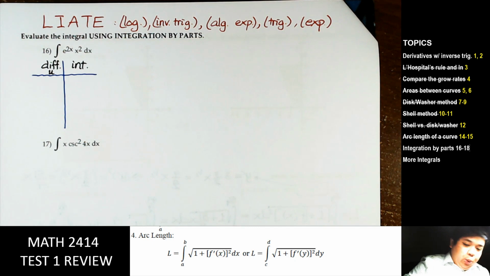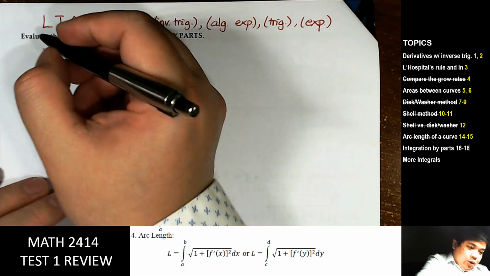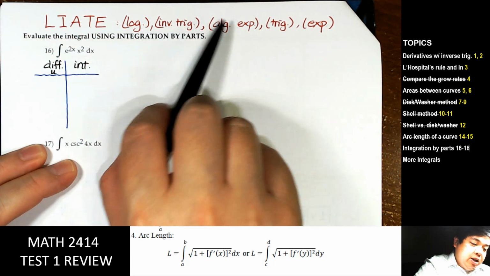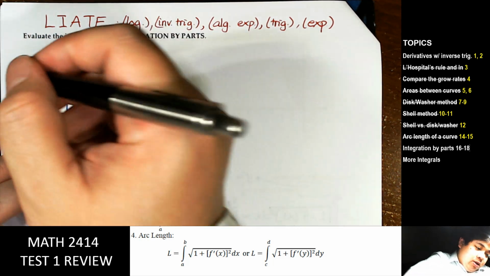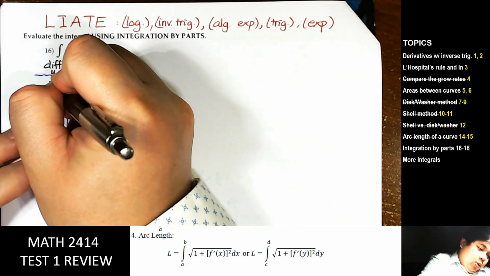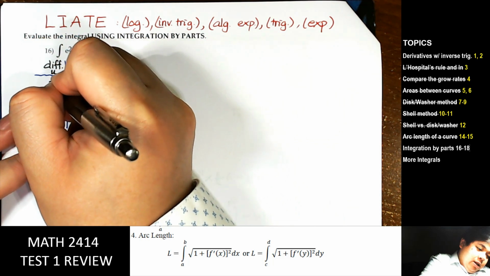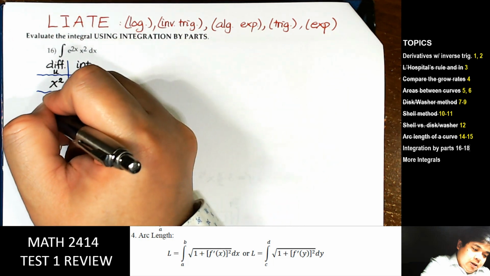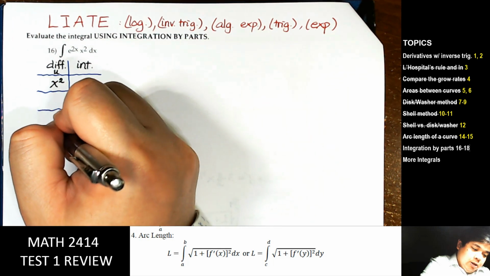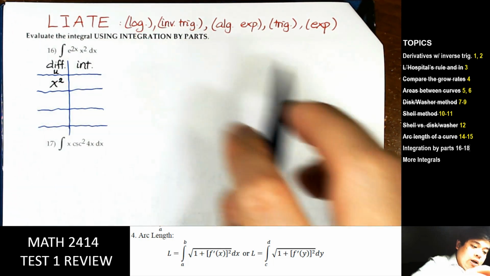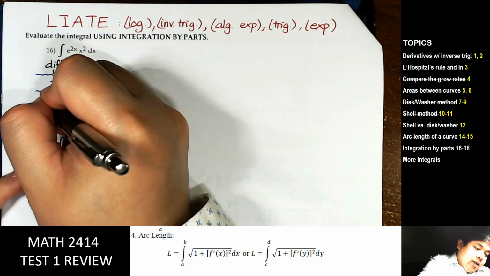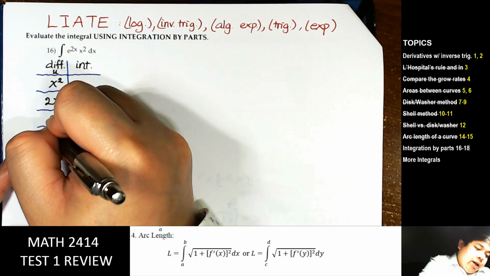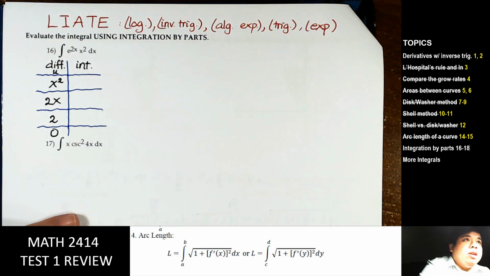Right, so for u, in this case, there's no log, no inverse trig, there's an algebraic expression, so it's going to be x squared. If we take the derivative, it gives us 2x, then 2, and 0.